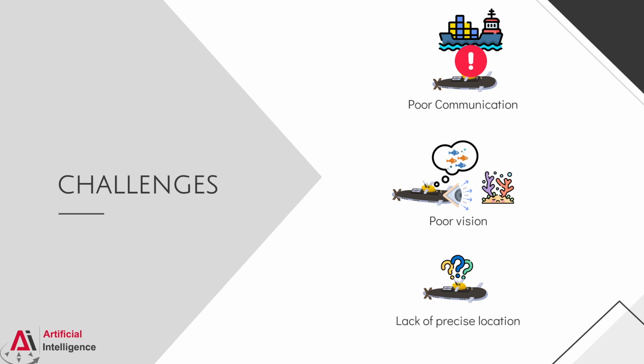And then last but not the least is the lack of precise location, because under the water, we are not able to precisely judge where the robot is, one, because of currents that drift the robot off its course over time, and also GPS doesn't work underwater.